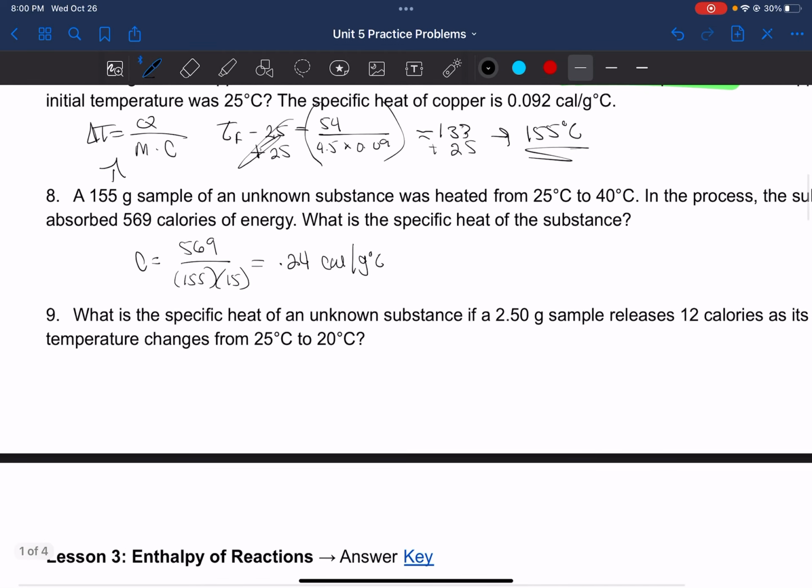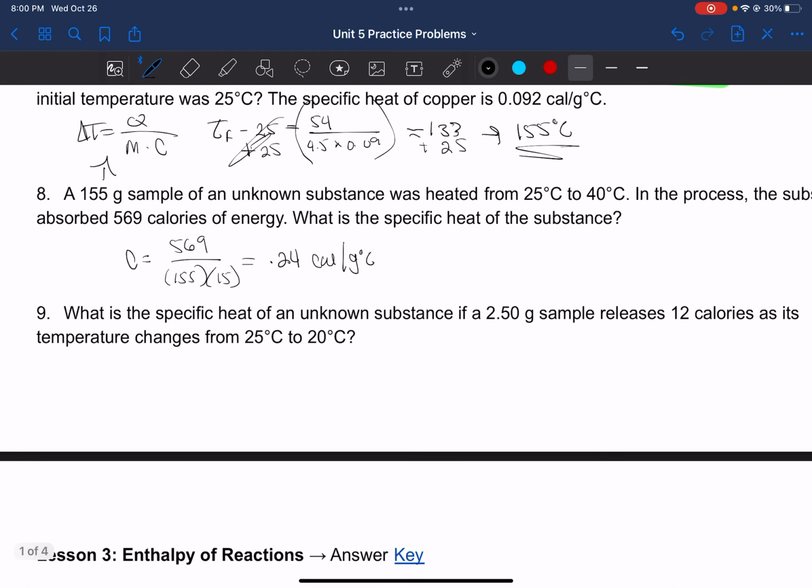And lastly, what is the heat? Specific heat. So it looks like we're using C again. Don't forget C equals Q over M times T, or delta T. So C equals 12 over 2.5 times 5, because of the 5 difference here.